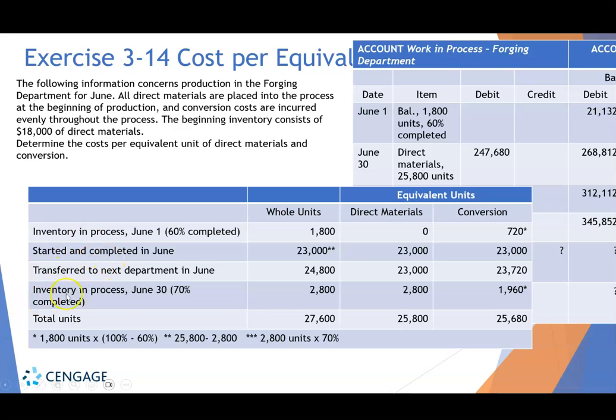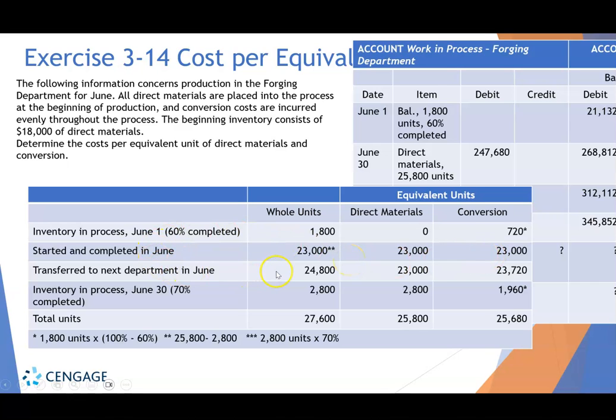Here we start with our inventory in process at the beginning. We know they were 60% completed going in, so 40% completed during the month. We know what we started and completed during the period.